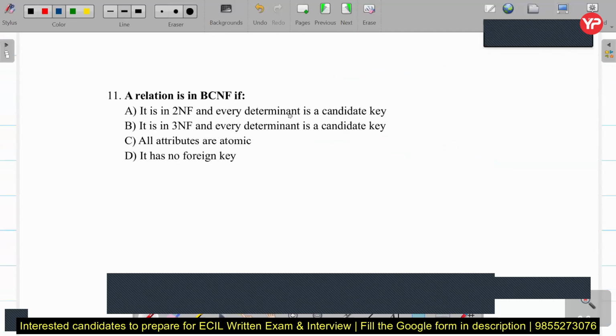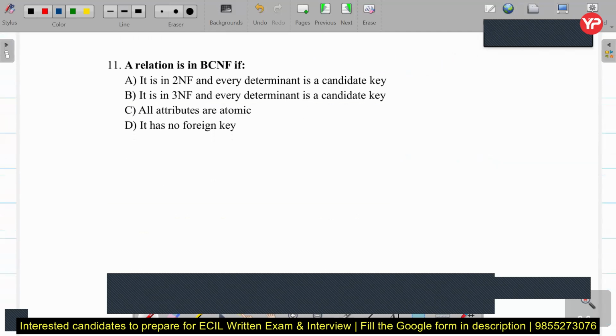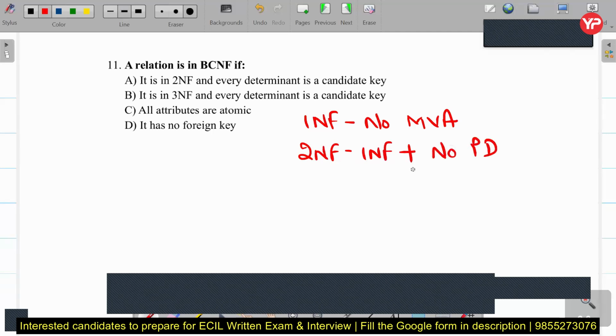A relation is in BCNF. So see my dear students, if I talk about this relation, I want to say something. In 1NF, no multi-valued attribute is there. In 2NF, a relation has to be in 1NF plus no partial dependency.